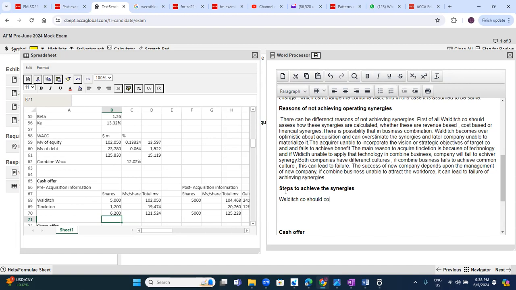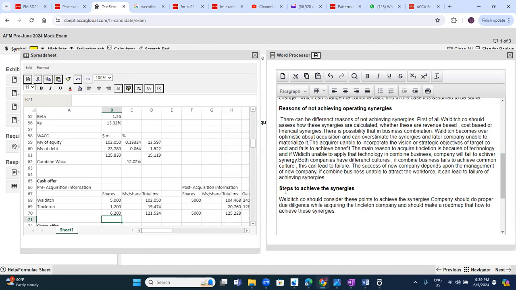Company should consider these points to achieve the synergies. What are the points? Company should do proper due diligence while acquiring the target company. And should make a roadmap of how to achieve these synergies. Okay. Write more and more points.